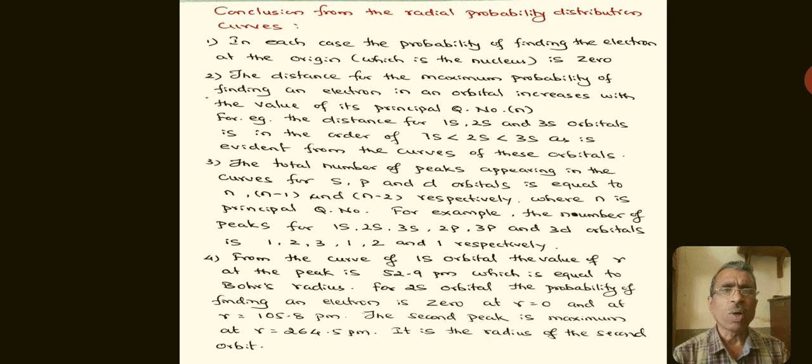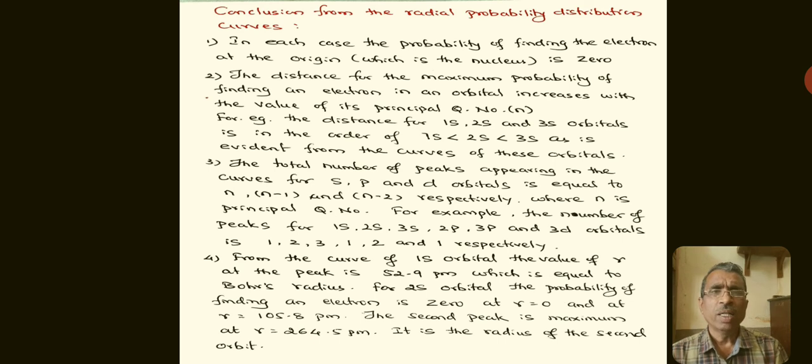The total number of peaks appearing in the curves for s, p and d orbitals is equal to n, n minus 1 and n minus 2 respectively, where n is the principal quantum number.